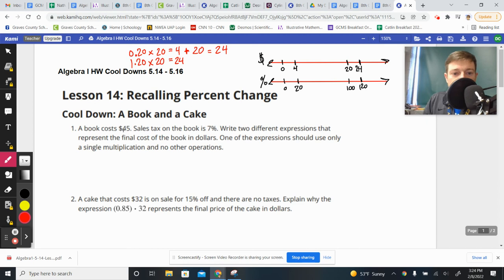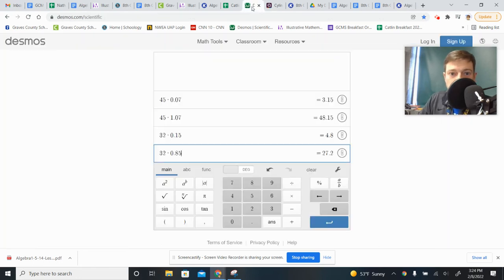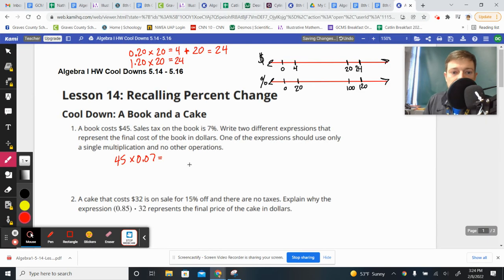All right, so $45 is the price and a 7% tax. We could take $45 and multiply it by 0.07. That would tell us how much money they're going to tax us. I've already got that in the calculator: that's $3.15.